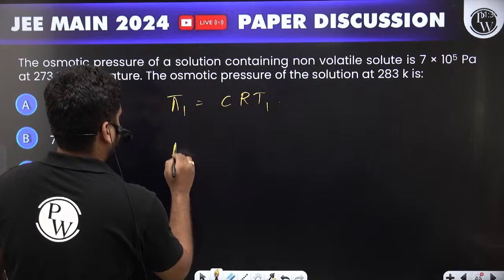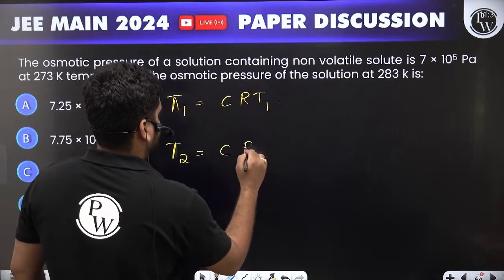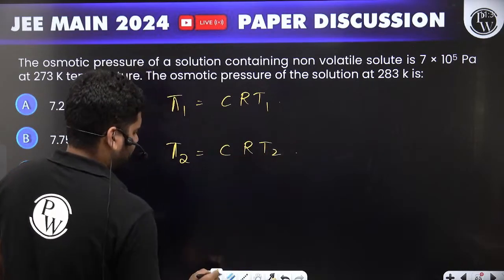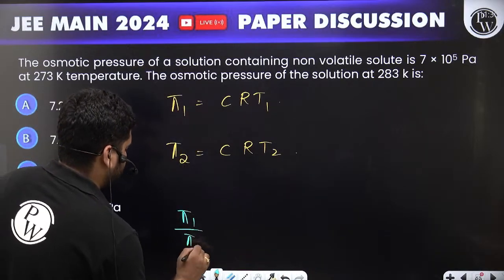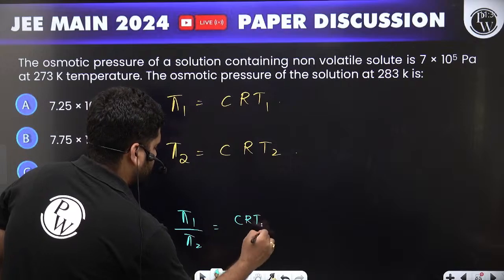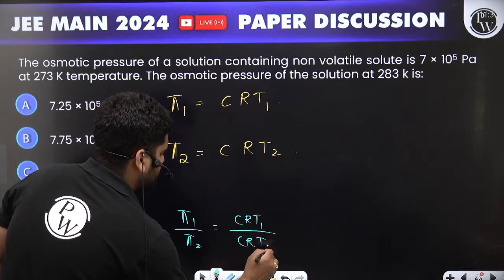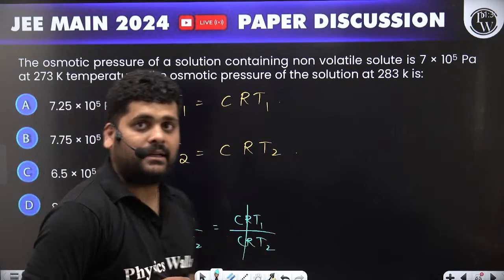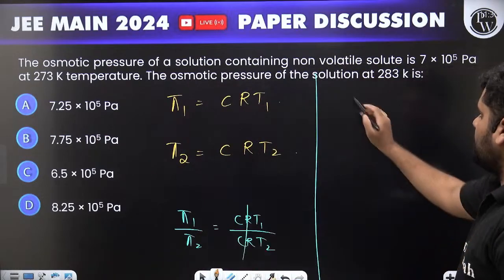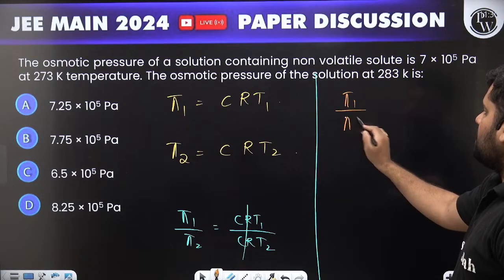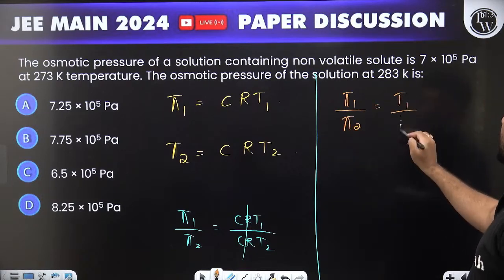We have pi 2 is equal to CRT2. Just divide these two. When we divide these two, pi 1 divided by pi 2, CRT1 divided by CRT2, C and R would get cancelled. We have pi 1 by pi 2 is equal to T1 divided by T2.